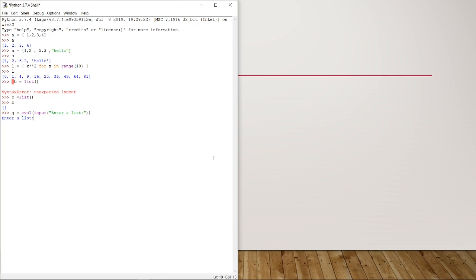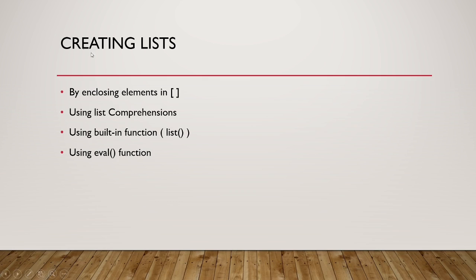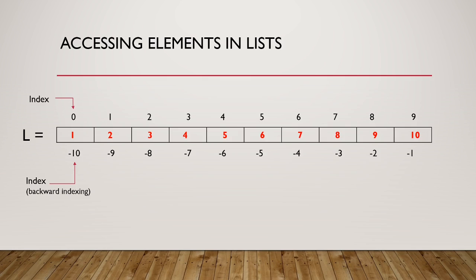It is asking me to enter a list, so I will enter a list. See, now the list Q will be created. In this way we can create lists using any of the four methods.